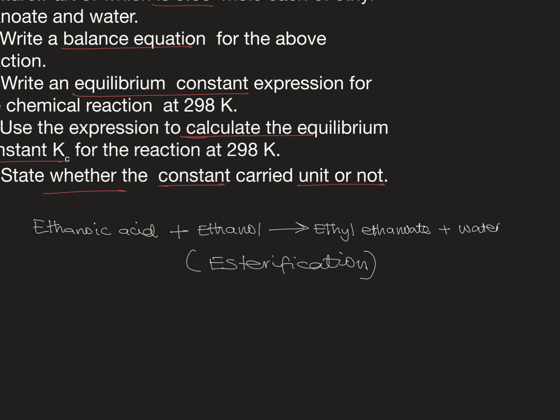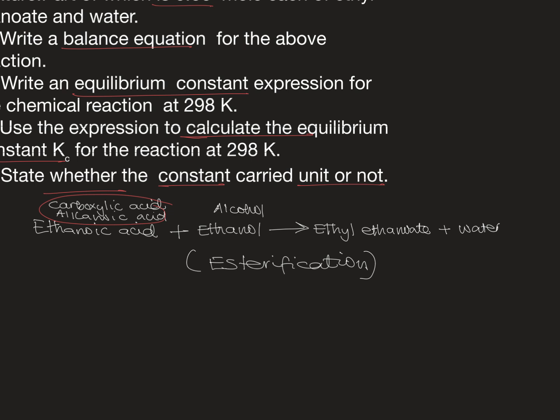Now, what we can say about ethanoic acid is that it belongs to a group of organic compounds called carboxylic acid. Carboxylic acids are also called alkanoic acid. And ethanol belongs to a group of organic compounds called alcohol.